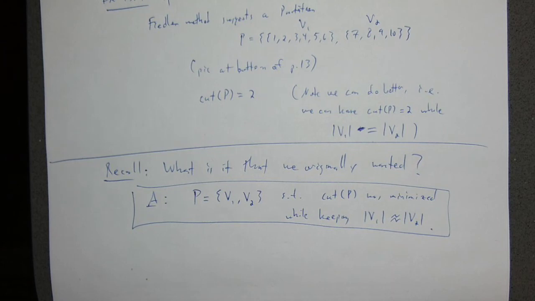Having such a vector, you can then create a partition by taking the vertices I that have x sub I equal to +1 as one subset, and the vertices I with x sub I equal to -1 as the other subset. It's a choice of vectors, and keeping those subsets equal amounts to having that sum be equal to 0. Keeping them almost equal means having that sum be almost 0.